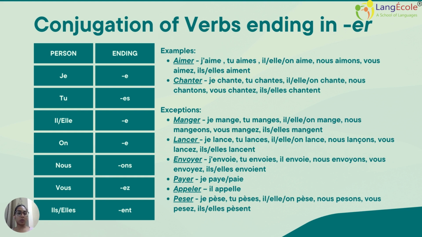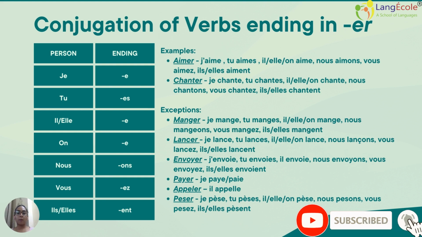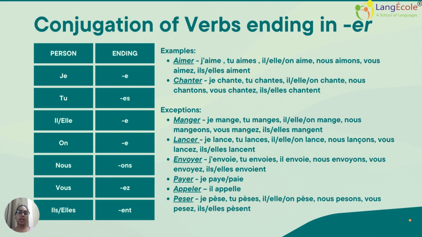So the conjugations become j'envoie, tu envoies, il envoie, and so on. For verbs that end in AYER, we can either write I or Y. For example, the payer verb, here we can either use the Y as it is or we can change the spelling to PAI.